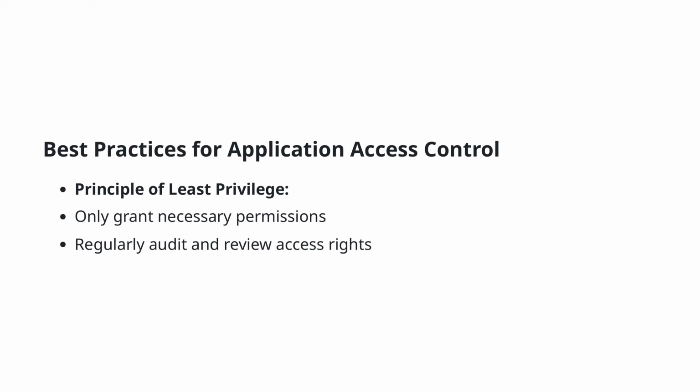One fundamental principle to adhere to is the principle of least privilege. This principle advises that you only grant permissions that are absolutely necessary for users to perform their job functions. By limiting access rights, you reduce the risk of unauthorized access and potential breaches. Additionally, it is essential to regularly audit and review access rights.